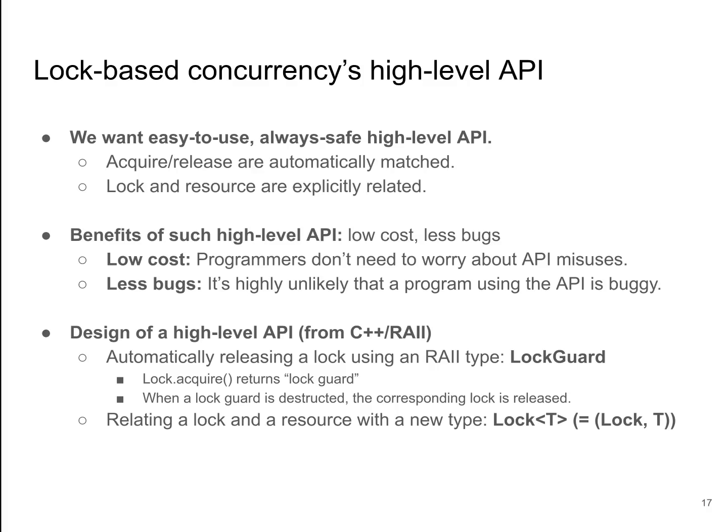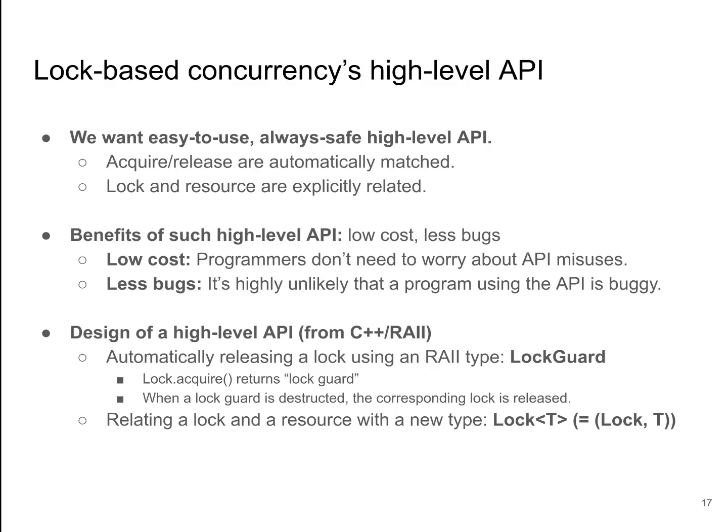And the high-level idea of this API is two things. In order to automatically match acquire and release invocations, we are introducing a RAII type, which is a lock guard. When you acquire a lock, it returns a lock guard instead of returning nothing. And when this lock guard is destructed, the corresponding lock is automatically released.